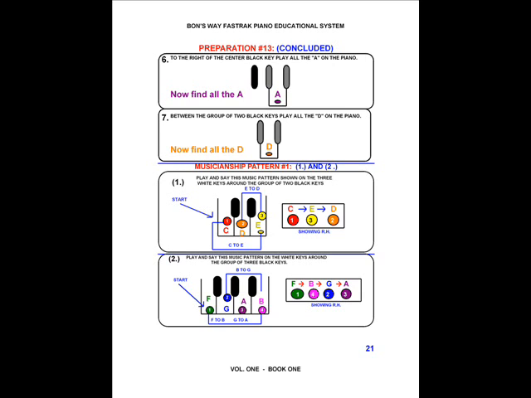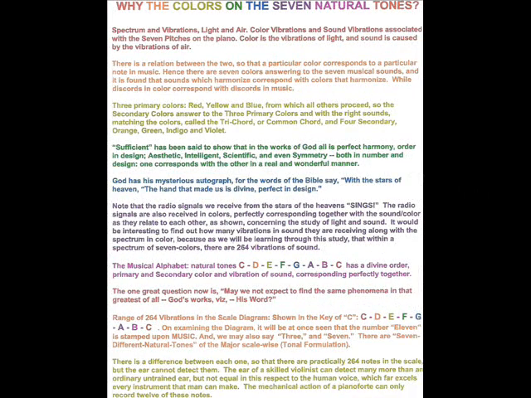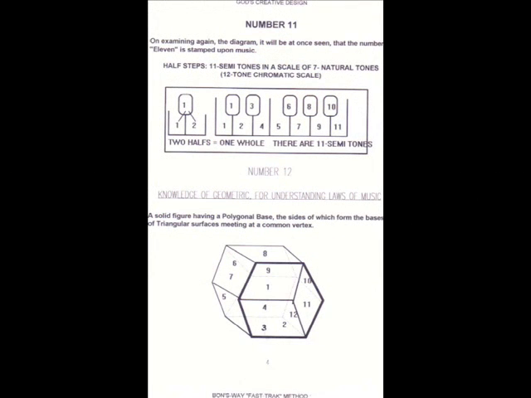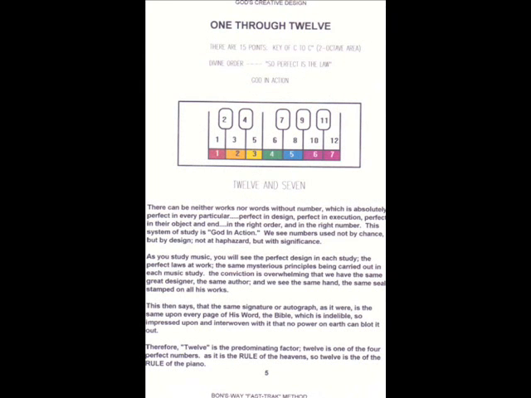Now, that is something that most of us as musicians have never looked at, is the correspondence of the colors and how the sound relates to that color. We know if we just look at the colors, there are 3 primary colors, red, yellow, blue, of which all the others proceed.